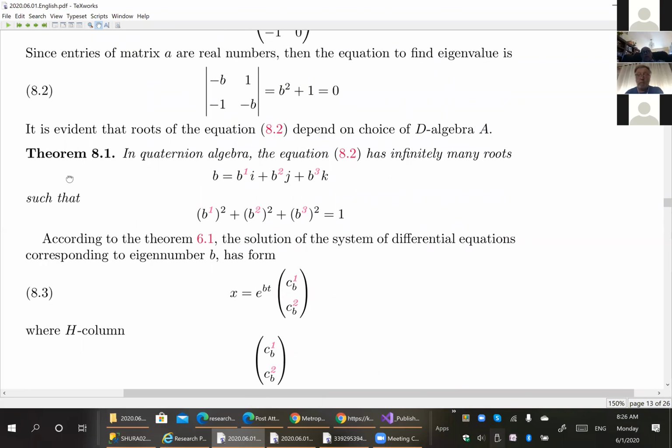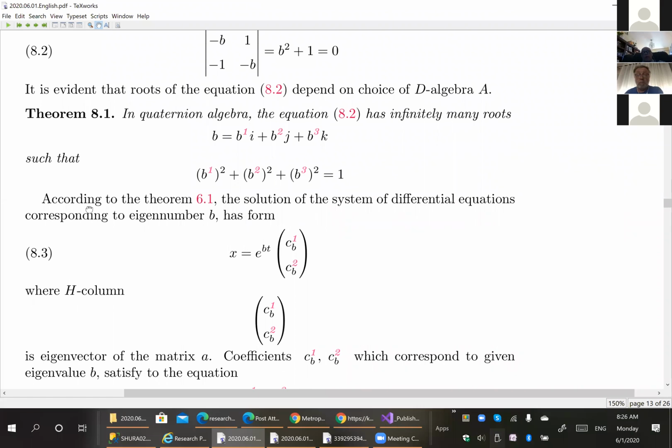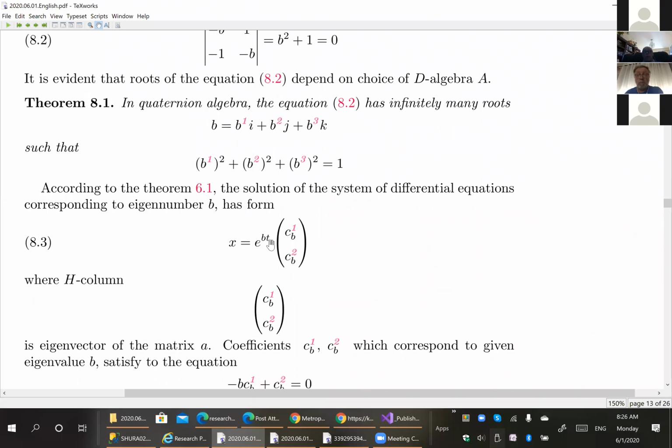If I consider this RC system, then I should write the solution of this equation in the form e to the power Bt, where B has this form, times the vector C1, C2.